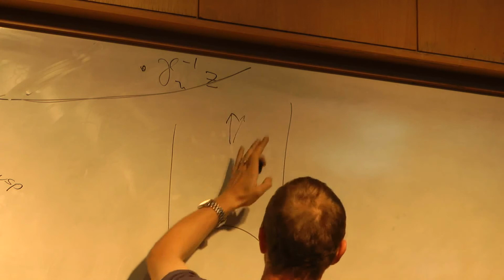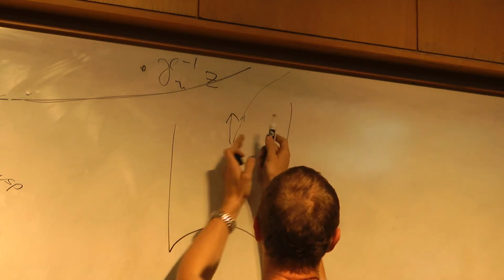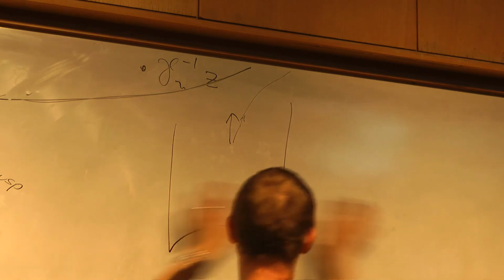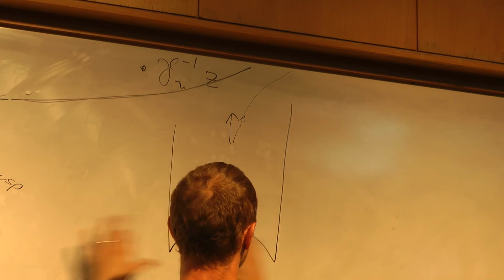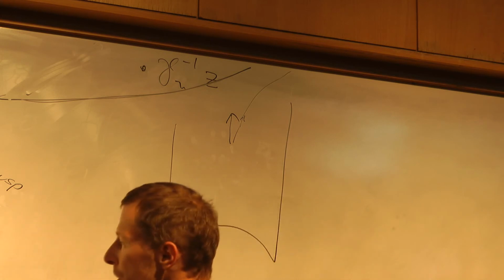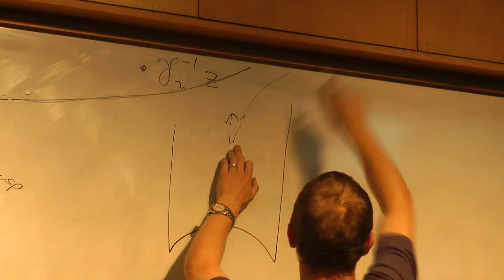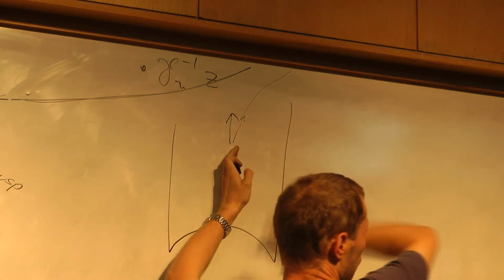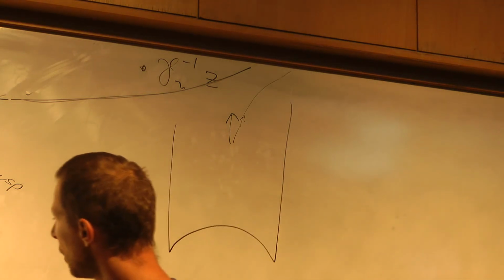Then you will walk high, you will walk out and out and out, and along the way you may have to shift many times by this z plus 1 map to stay in the fundamental domain. That corresponds to this winding here. And at some point this geodesic, because it's a circle, comes back again. So somewhere high up you turn around and then wind backwards to come back again.